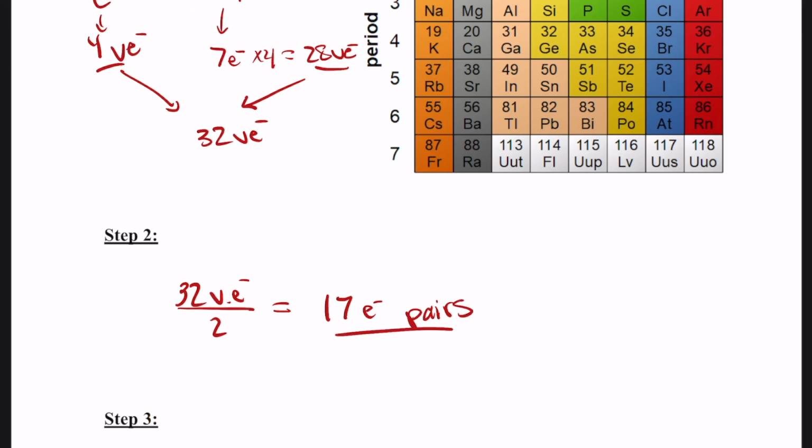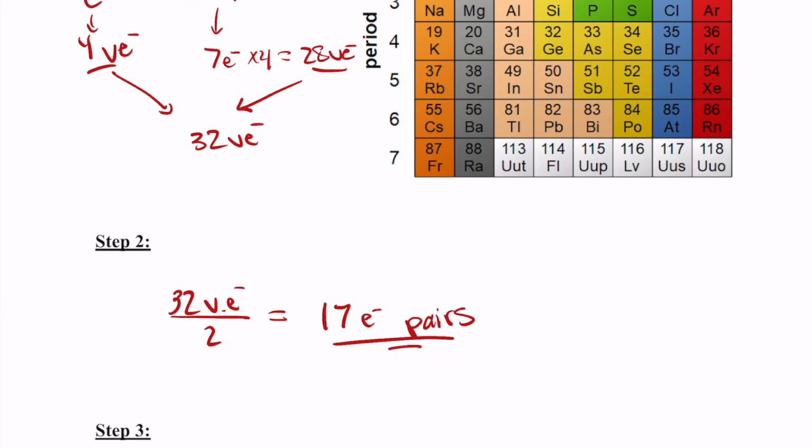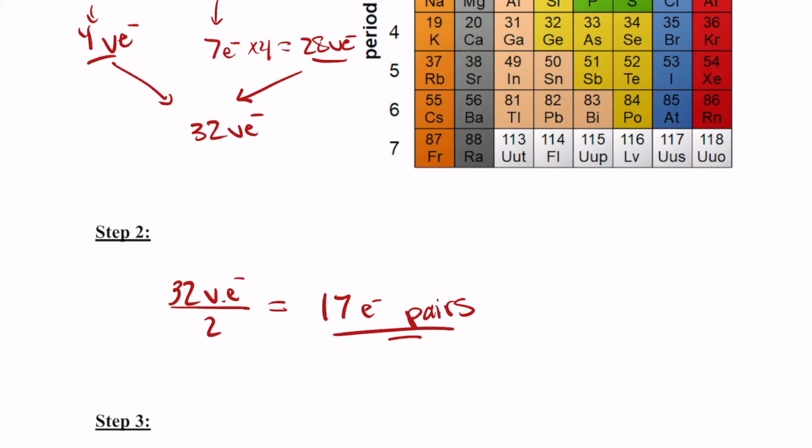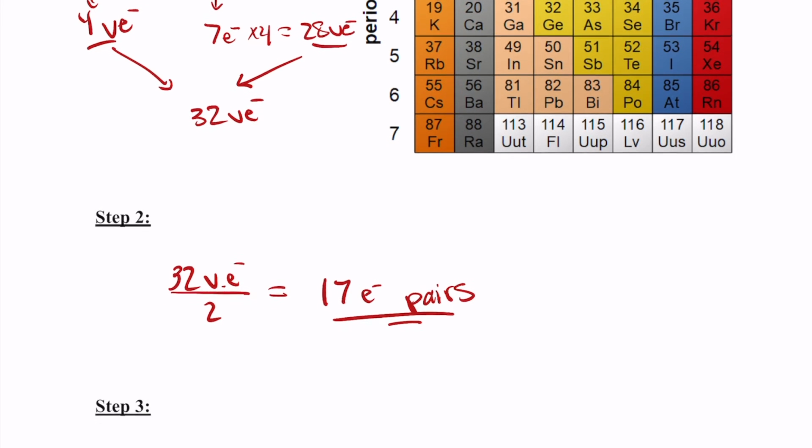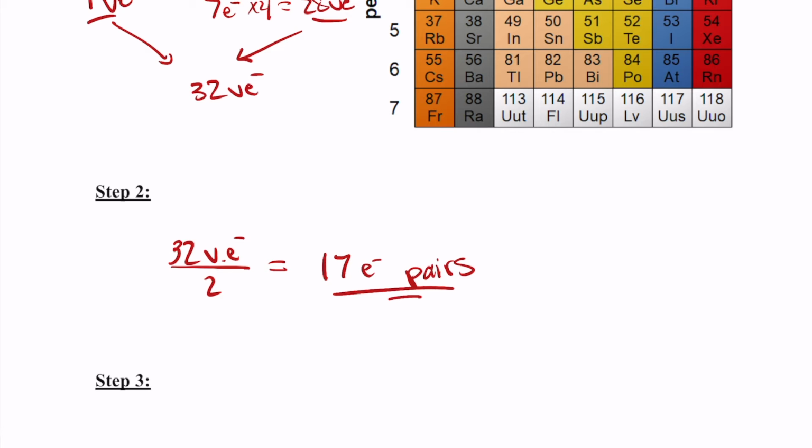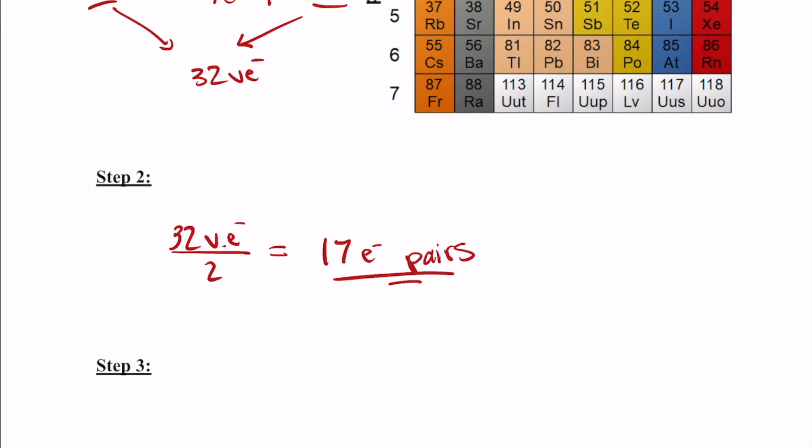And just an FYI, for most of these beginning molecules, we're only going to give you even numbers of valence electrons, and once you progress, you'll see more radicals and lone pairs that you'll have to account for after that. But for now, we'll just stick to even numbers.